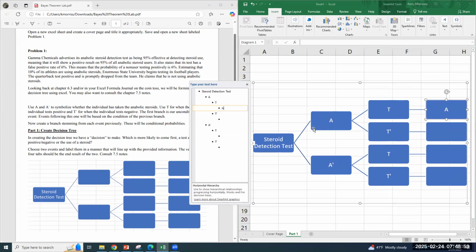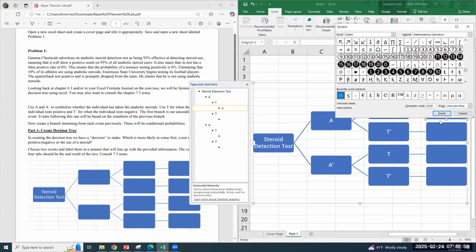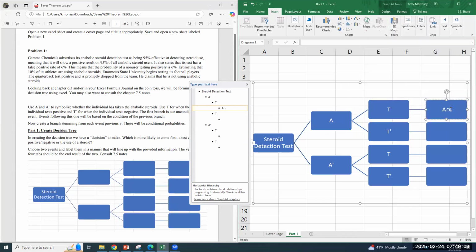So in this particular branch, you've taken the steroid and let's see, symbol, the and symbol here, and insert, close, there we go. And I might actually go ahead and copy this symbol. So we have A and we've tested positive.